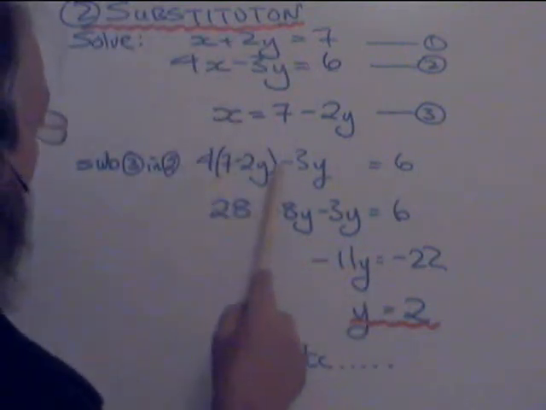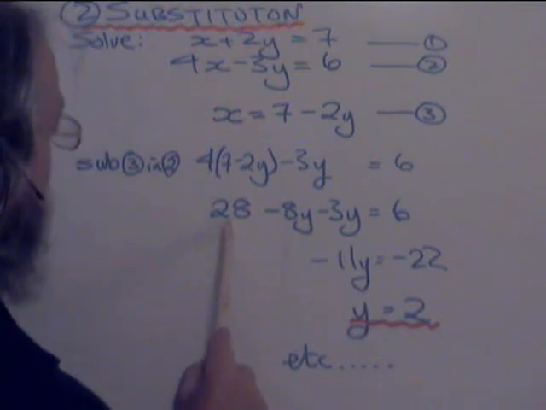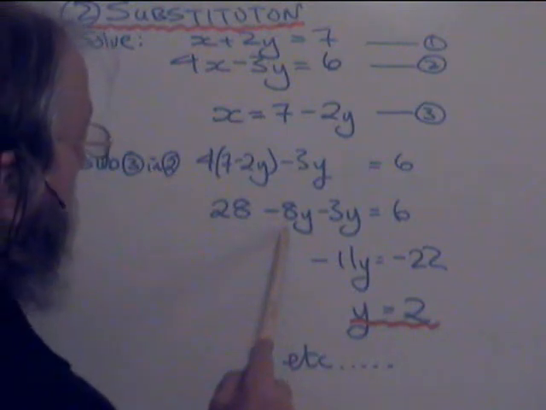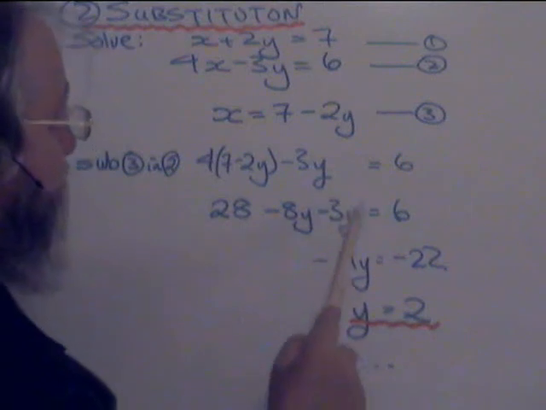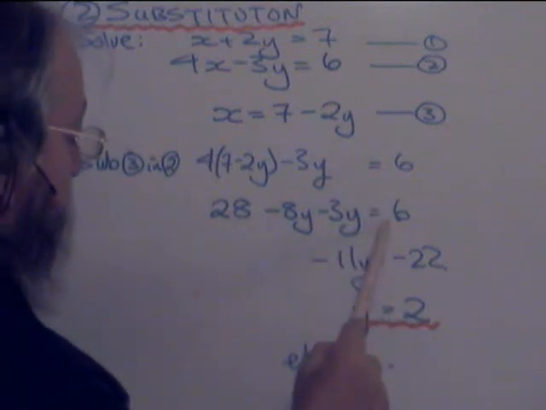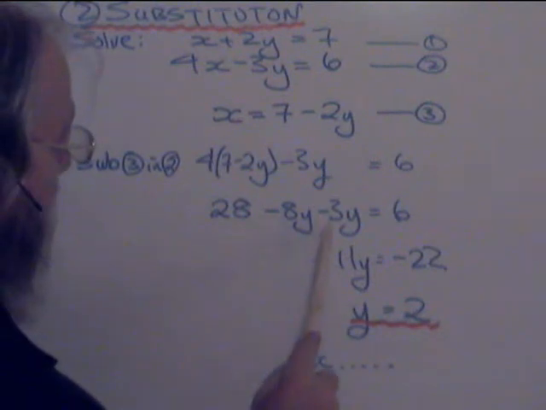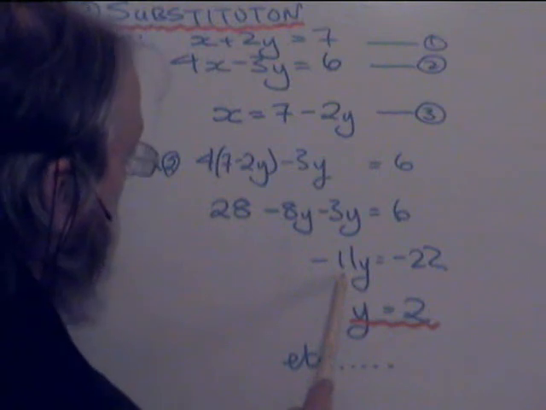Now expanding the brackets here, 4 times 7 gives me 28. 4 times minus 2y gives me minus 8y. I've got minus 3y here, so that's the same. Equals 6 the same. So I've got minus 8y and minus 3y. That gives me my minus 11y.